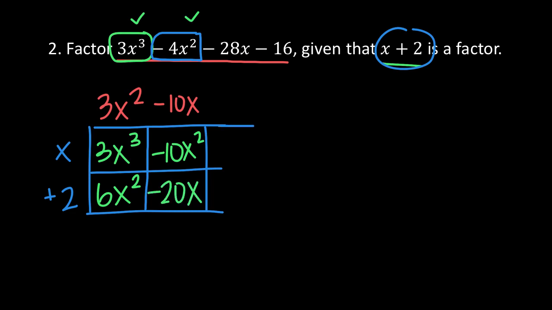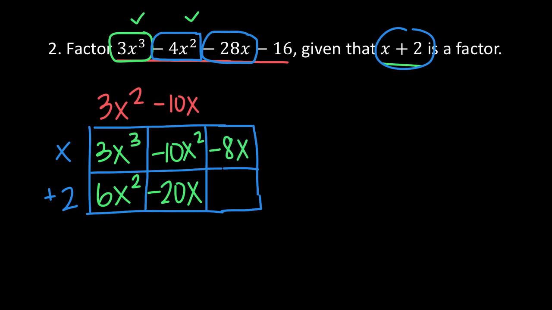I'm going to add another column. And then I'm going to look at my x terms in the original polynomial. I want negative 28x. Right now I have negative 20x. I need to figure out what to put here so these boxes add up to negative 28x. I'm going to put negative 8x.